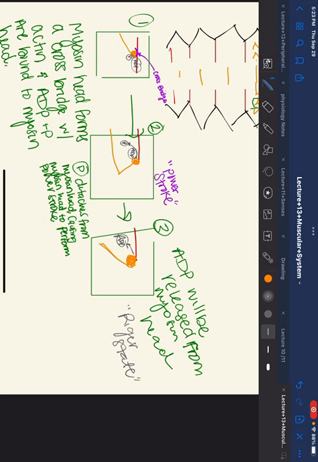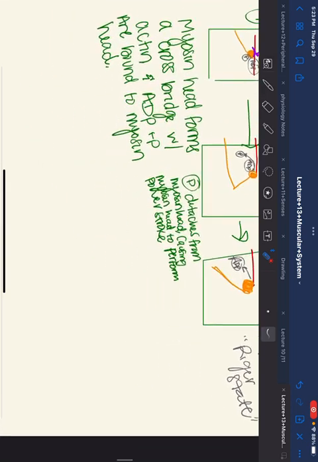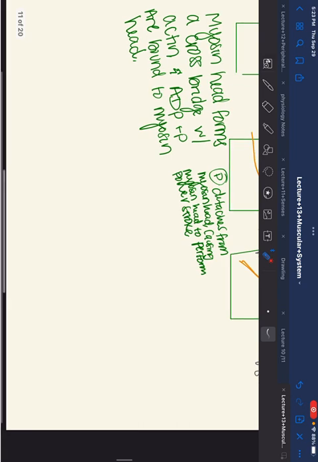So the question is, how do we detach the myosin head from the actin, or how do we break that cross bridge? We do so by binding a new ATP to the myosin head.